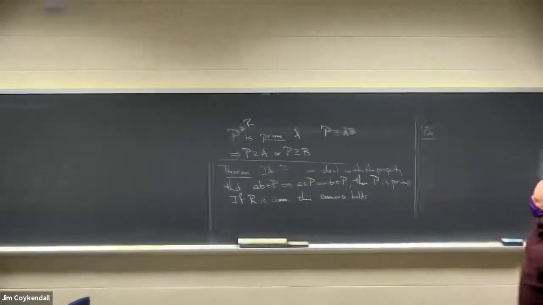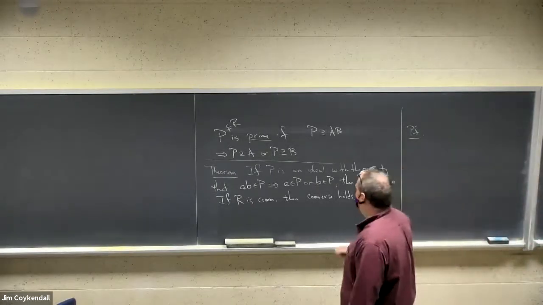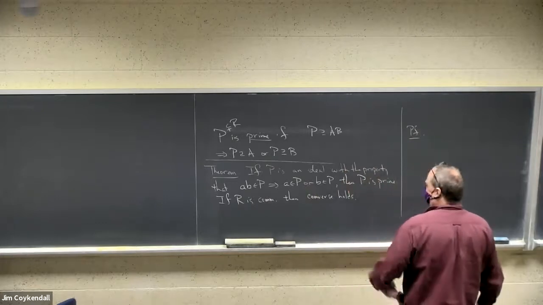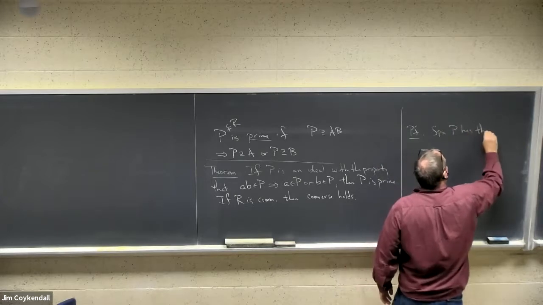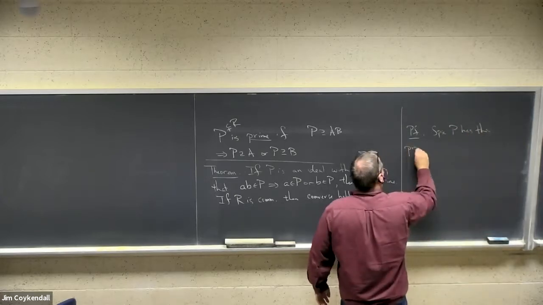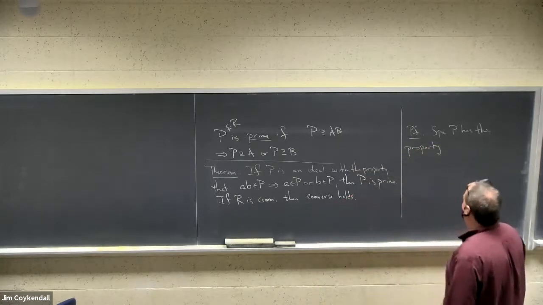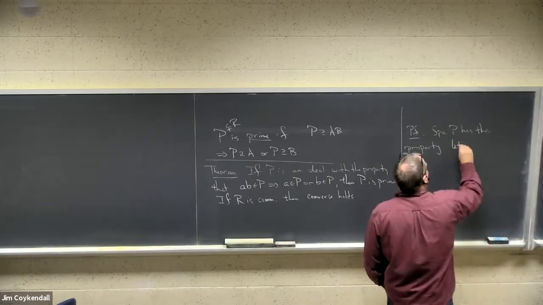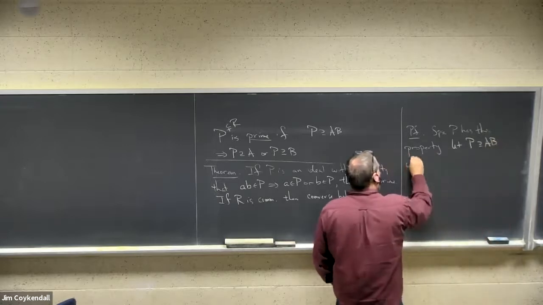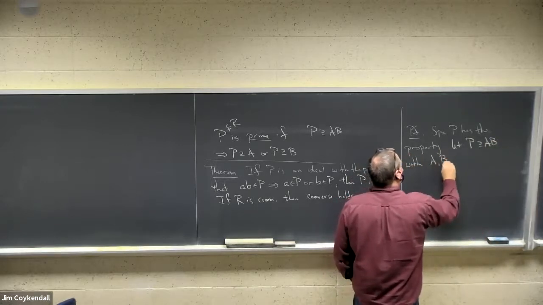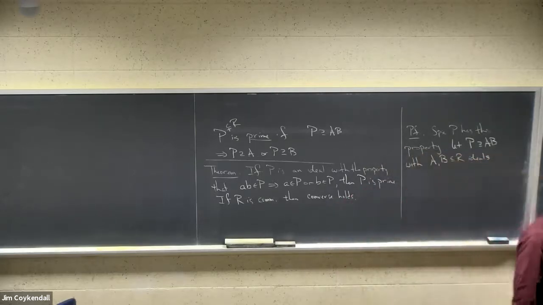Okay, so let's get the first statement first. So suppose P is an ideal with the property that A times B is in P implies A or B is in P. To show P is prime, I just have to show that.